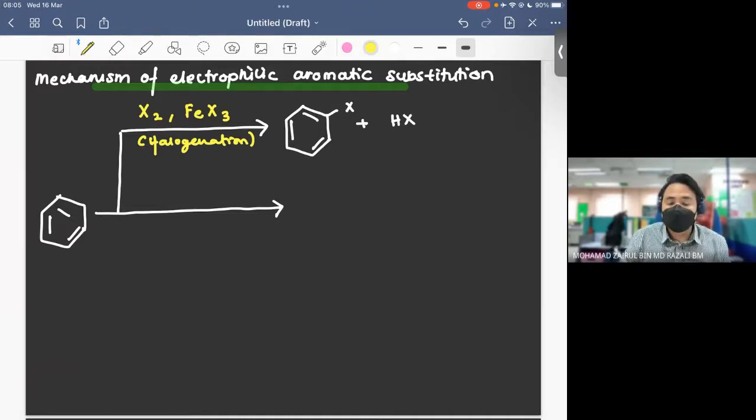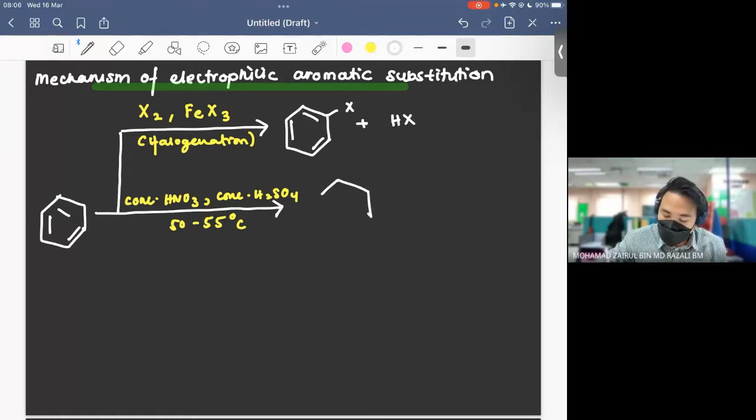Okay, so the second reaction that we learn is a nitration. For a nitration, our reagent is a mixture of concentrated HNO3 and concentrated H2SO4. The temperature for the reaction is between 50 to 55 degree Celsius. So kalau nitration, the product that we form is nitrobenzene plus water.